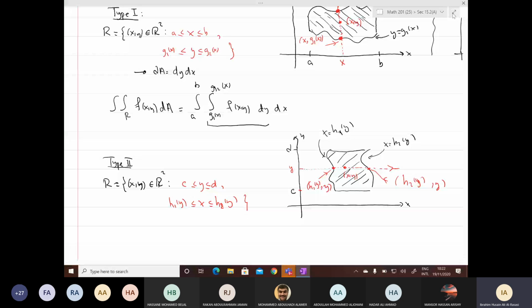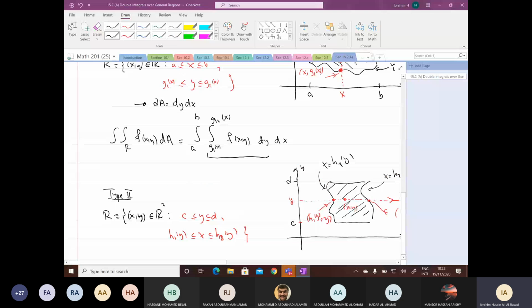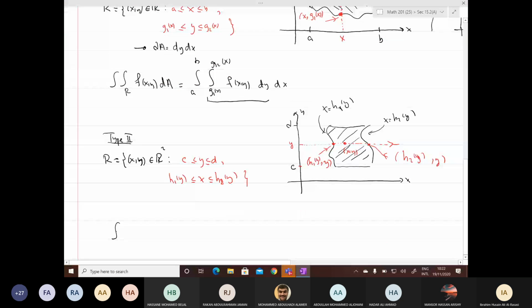So this is the description, and it will give you the limits of integration. Here, the double integral over R of xy dA equals the double integral of xy. If it is type 2, dA will be dx dy. I have only one choice, dx dy.